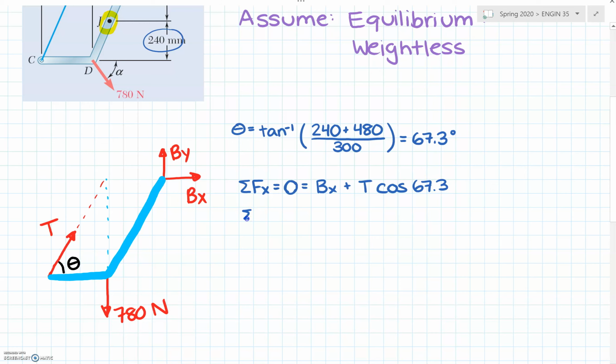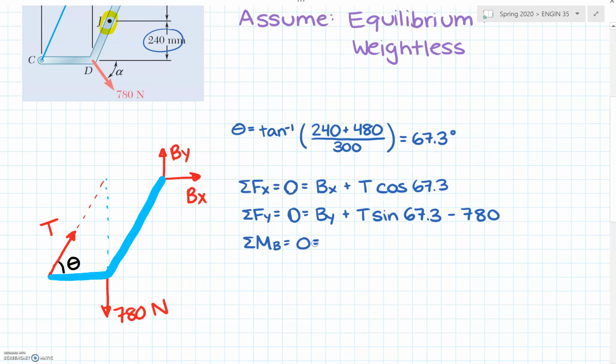If I sum the forces in the y, that's equal to 0: By plus T sine 67.3 minus 780. And if I sum the moments about some point, let's choose point B, it's equal to 0.